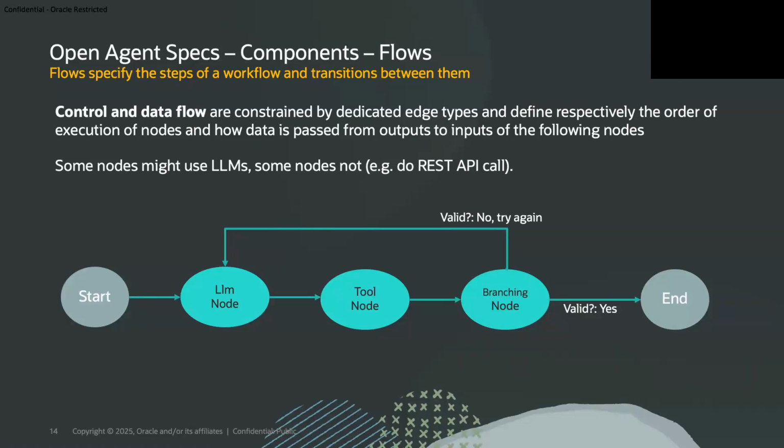For example, on this diagram, the arrows I drew are simply these control flow edges. It will start from the start node, then go to the LLM node, then go to a tool node. I'll explain a bit more what these are, but this is pretty simple. Then go to a branching node, and then there are two control flow edges out of the branching node that either lead to the end node or come back to the first node of the flow.